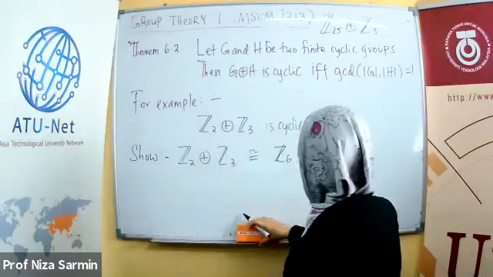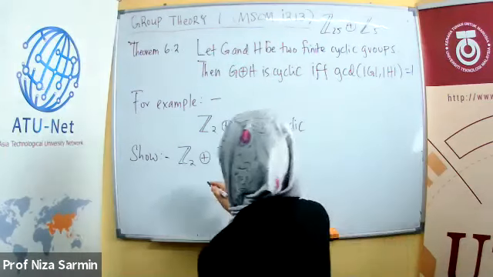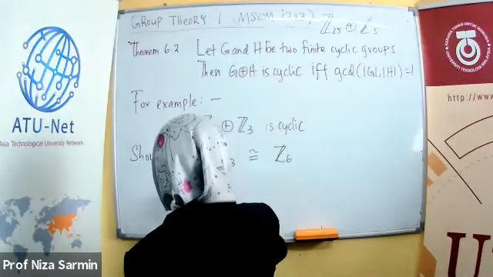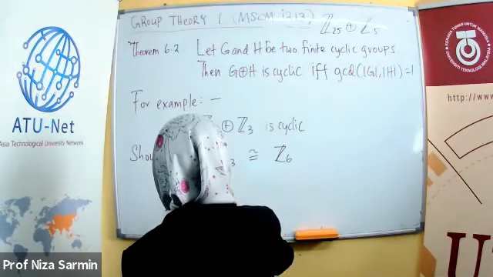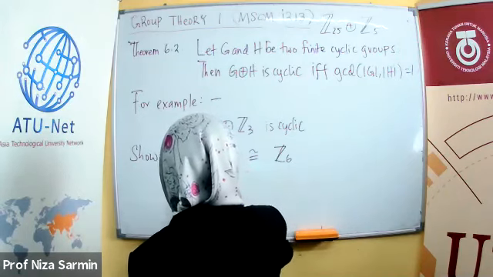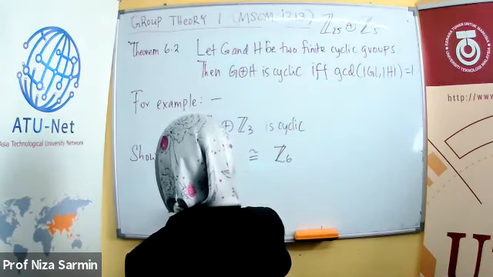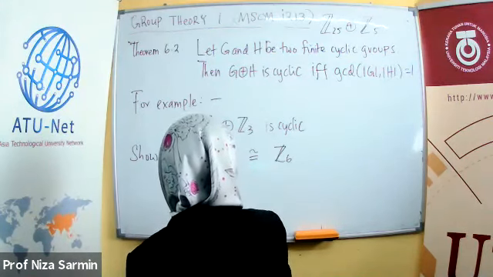So how do you show that they are isomorphic? If you want to list the elements, that would be 0, 0, 1, 0, 0, 1, 0, 2, 1, 1, 1, 2, 0, 0, 0, 1, 0, 2.